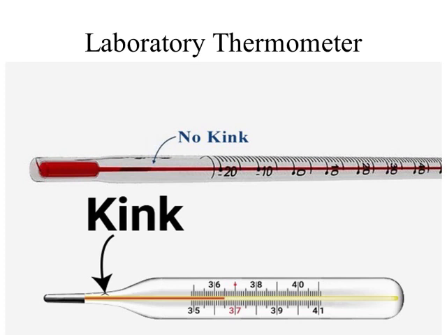Not only that, it is longer than a clinical thermometer. It is made of a thin glass tube sealed at one end and a bulb with mercury at the other end. The working mechanism of a laboratory thermometer is the same as that of a clinical thermometer. It measures temperature by the rise or fall of mercury. It does not have a bend or kink.